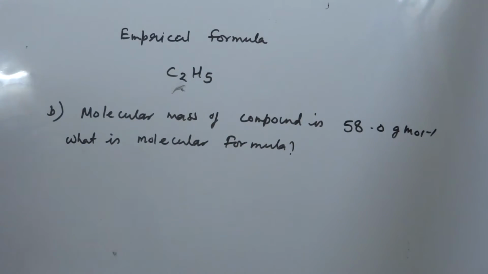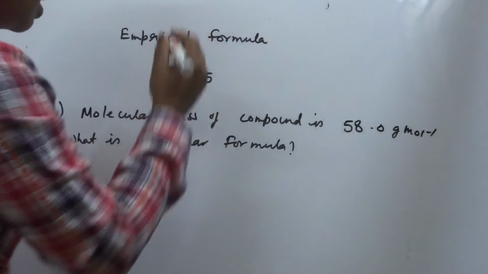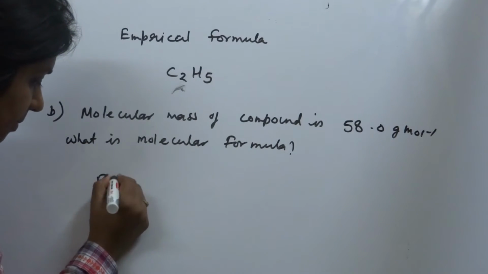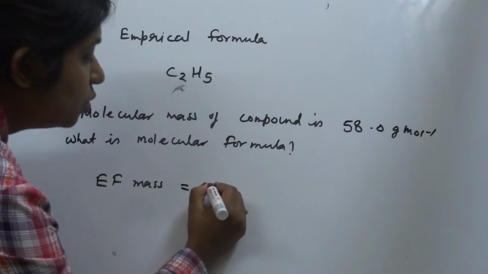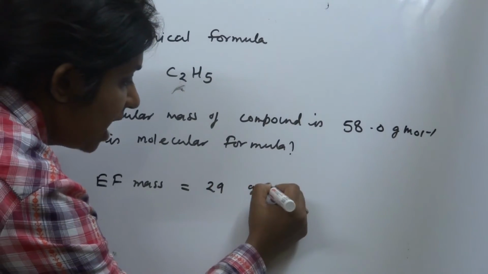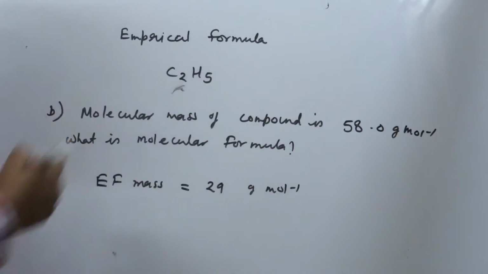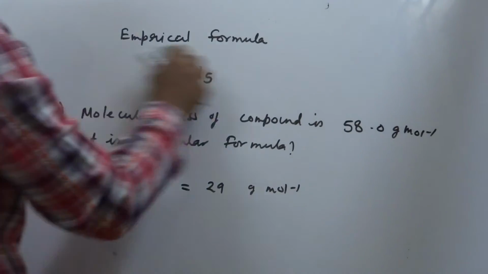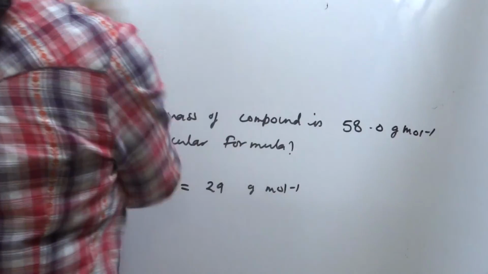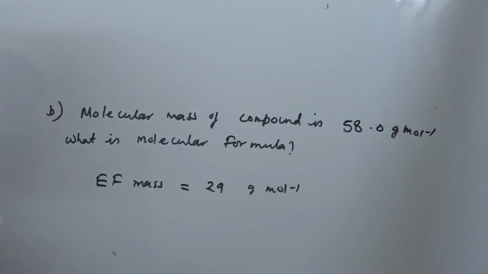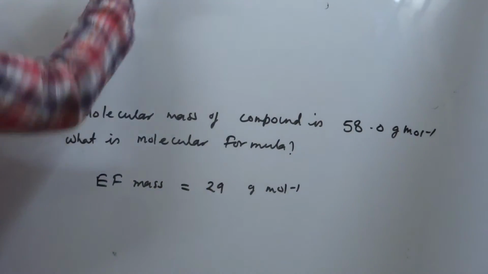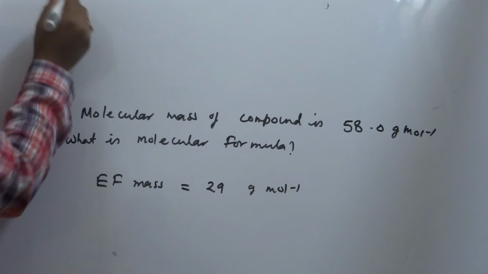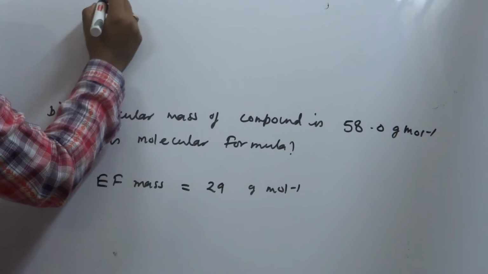In this case, first I will calculate the empirical formula mass, which will be equal to 29 grams per mole. Now I have to do just one very small thing. I have to check the ratio between the two.